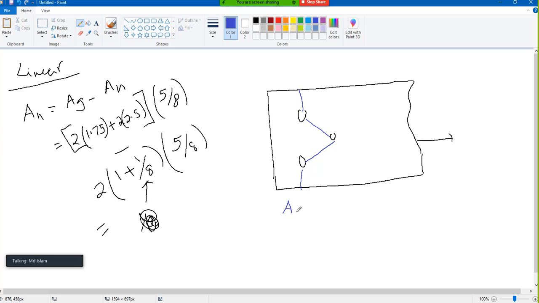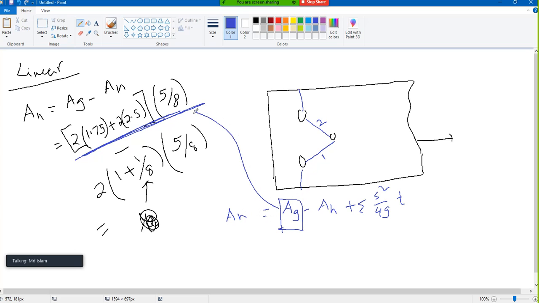Same thing: gross area minus hole area plus s square by 4g t summation. Why summation? One path, two paths. Okay, what is my gross area? I'll just copy from here. Net area. I'm not writing this portion.